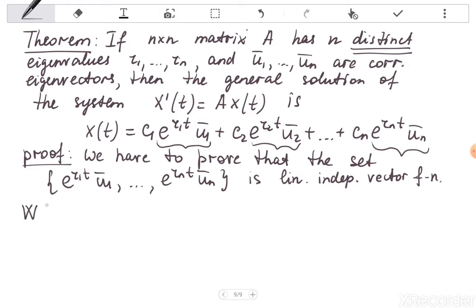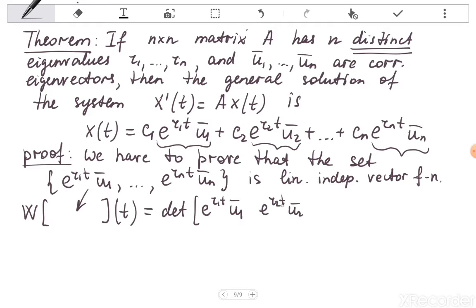So the Wronskian of these functions at a point t is the determinant of the matrix with columns e to the r1 t u1, e to the r2 t u2, and so on, e to the rn t un.